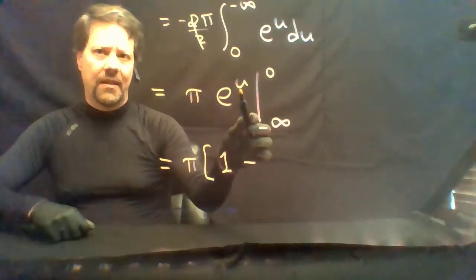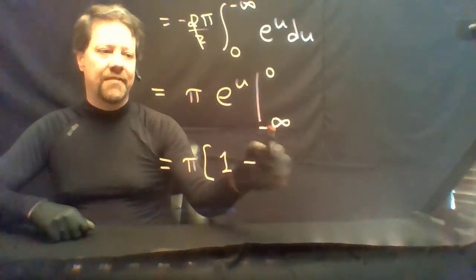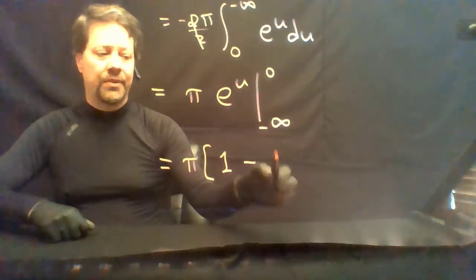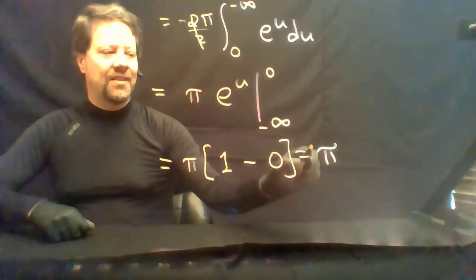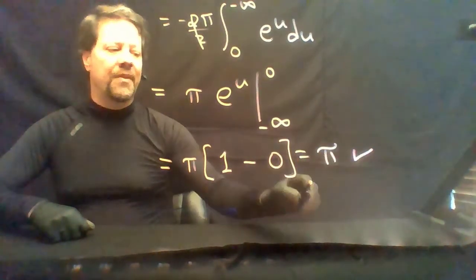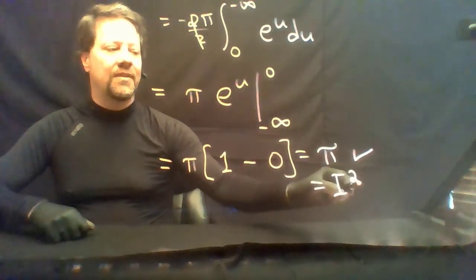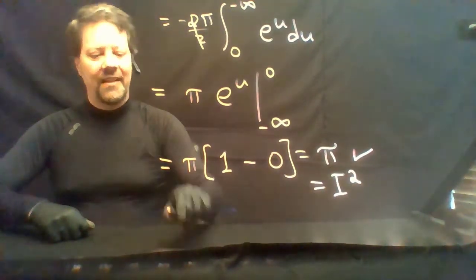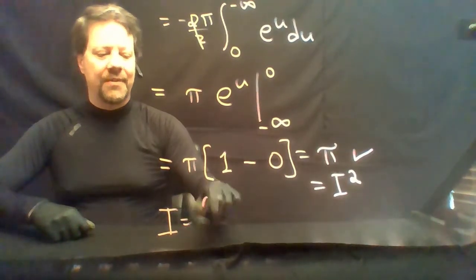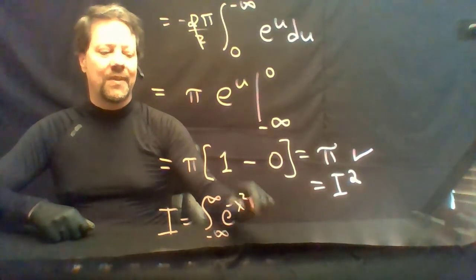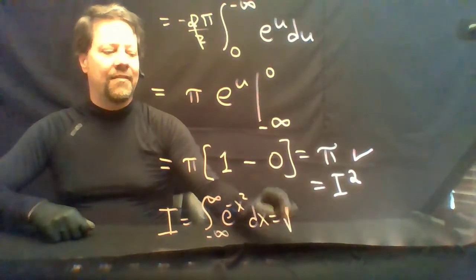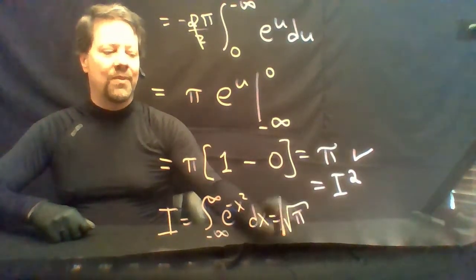In the limit, as u goes to minus infinity, e to the u will go to 0. We get a value of pi, but remember that's equal to the integral squared. It follows that the integral that we started with, from minus infinity to infinity of e to the minus x squared dx, the value is the square root of pi.